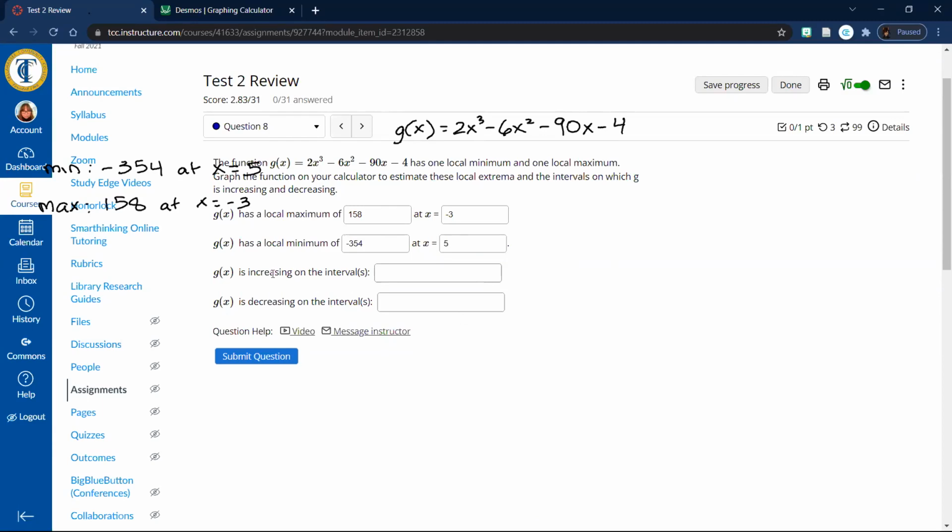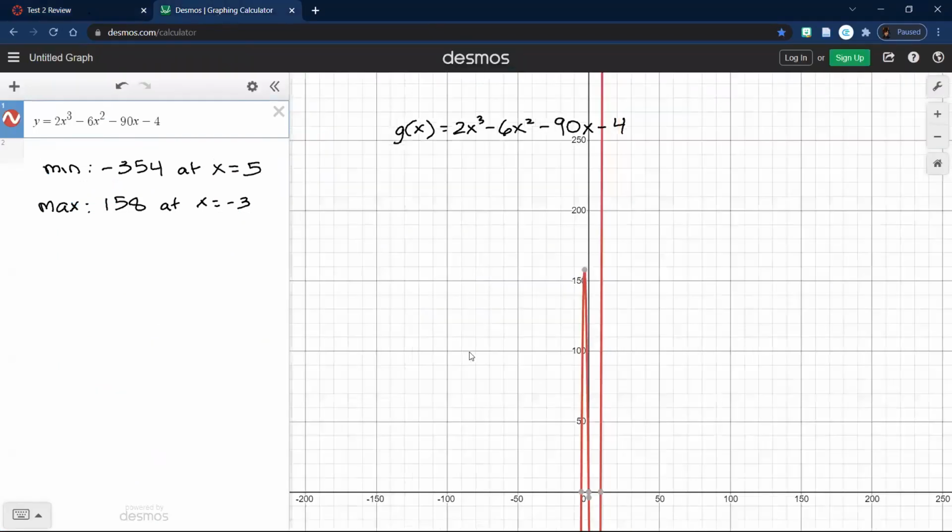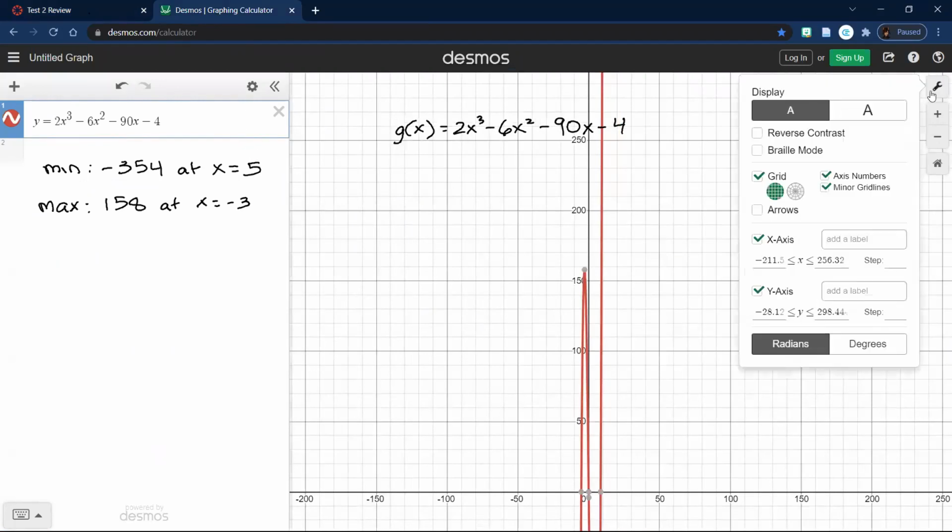Now, did you say that the top of the line is the minimum and the bottom is the maximum? No. What do you think? So the bottom is maximum. No. Let's take a look, and let me see if I can fix this graph real quick.